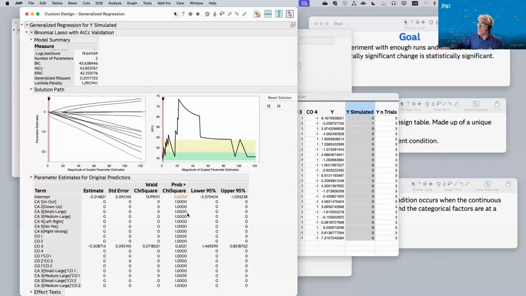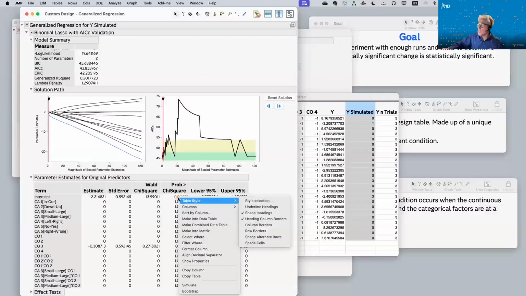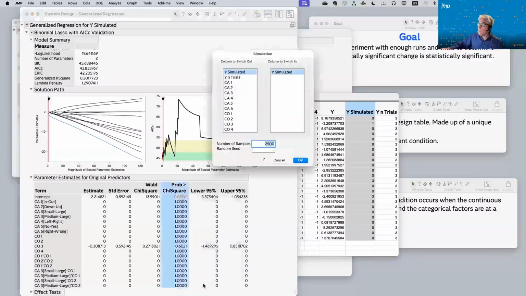With JMP Pro, you can do that by hovering over this probability column, this p-value column. You right click, and towards the bottom, you've got the simulate option. What you'll see highlighted is the formula column. I'm not going to do 2,500 runs because it would take a couple of minutes, so let's just cut that down to 250.